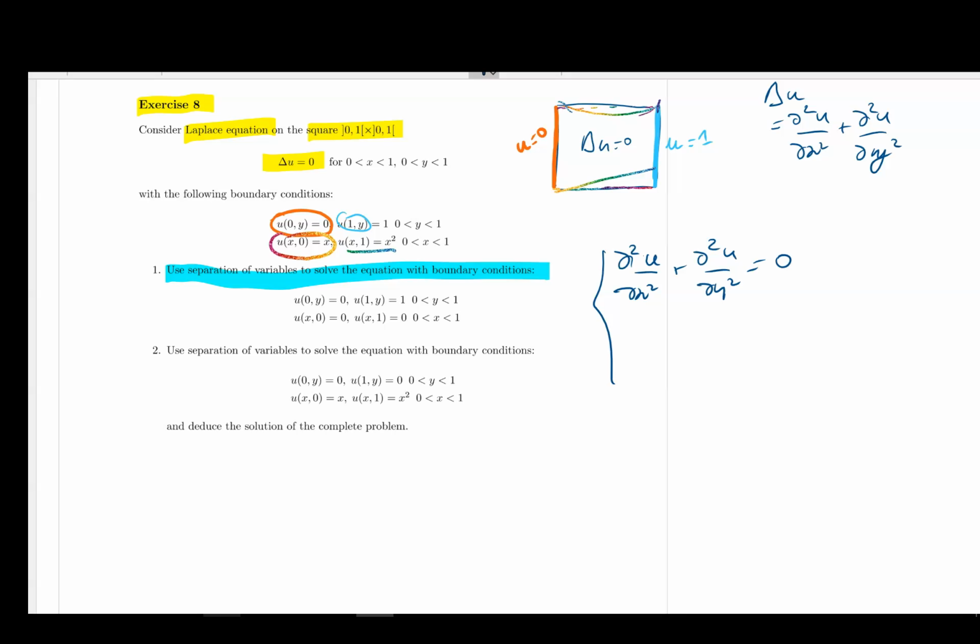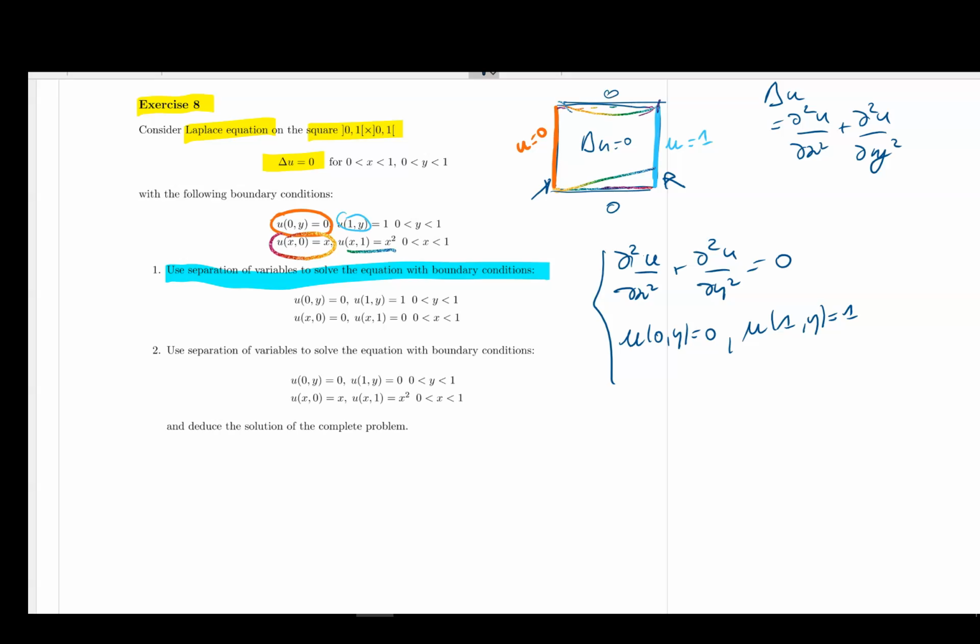So kept at 0 on this one. We've got u of 1,y equal to 1. We also have this one, and we're going to have 0 and 0 also for those ones, so 0 and 0 also on the top.